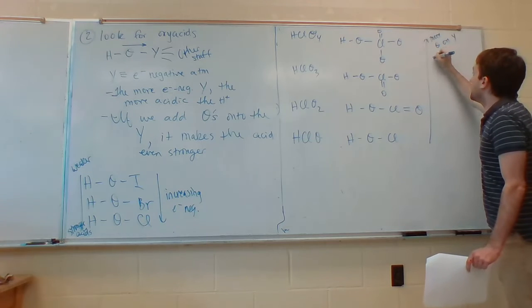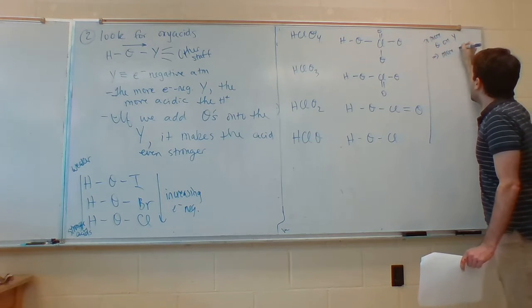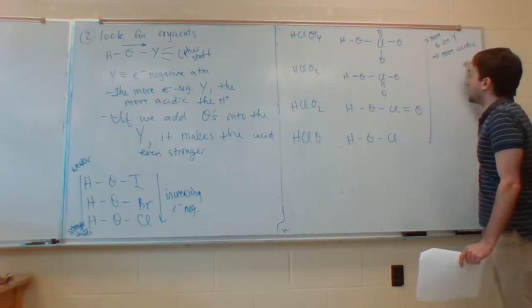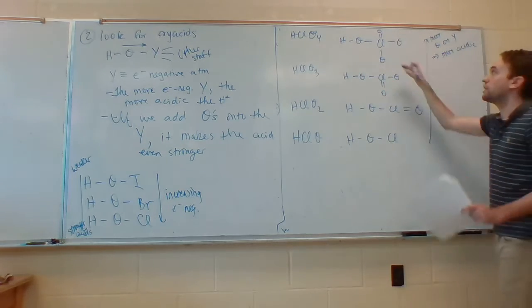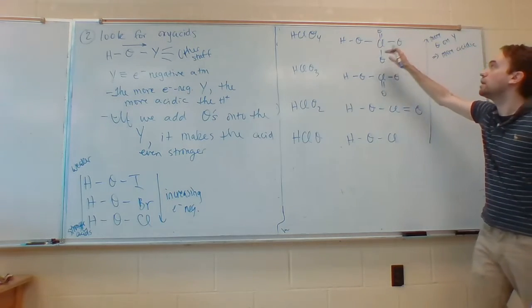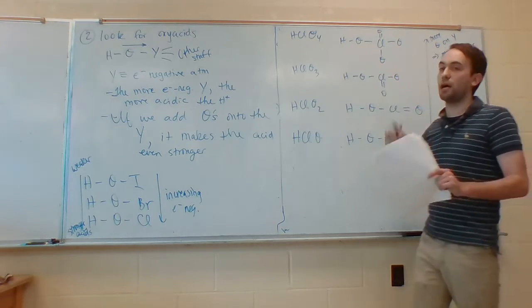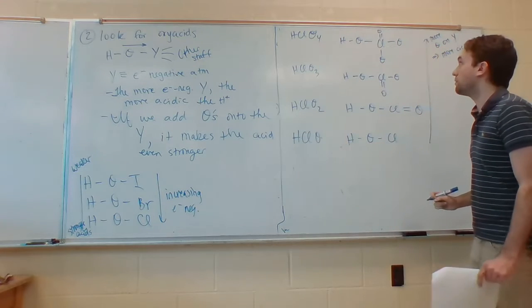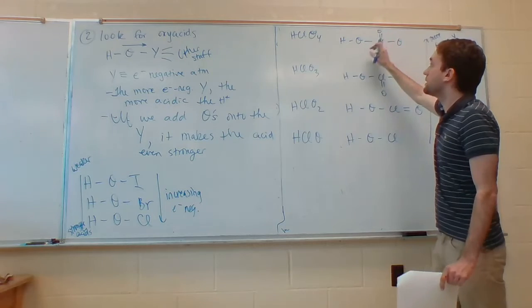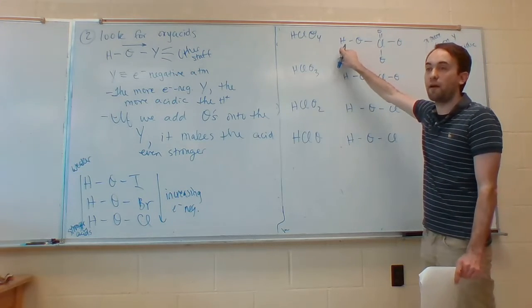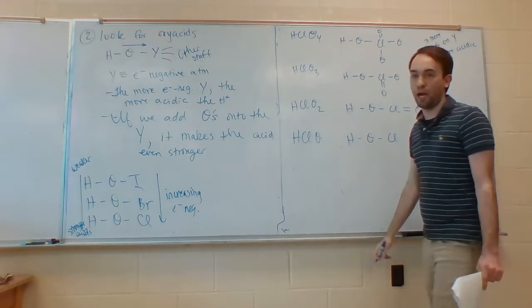That means that it will be more acidic, okay? Because all of these oxygens are taking time from the electrons and pulling them this way, which is making the proton easier to get rid of, okay? You can think of it like if you've got a big group of friends, it's easy for someone on the outside of that friend group to kind of not get as much time, okay?